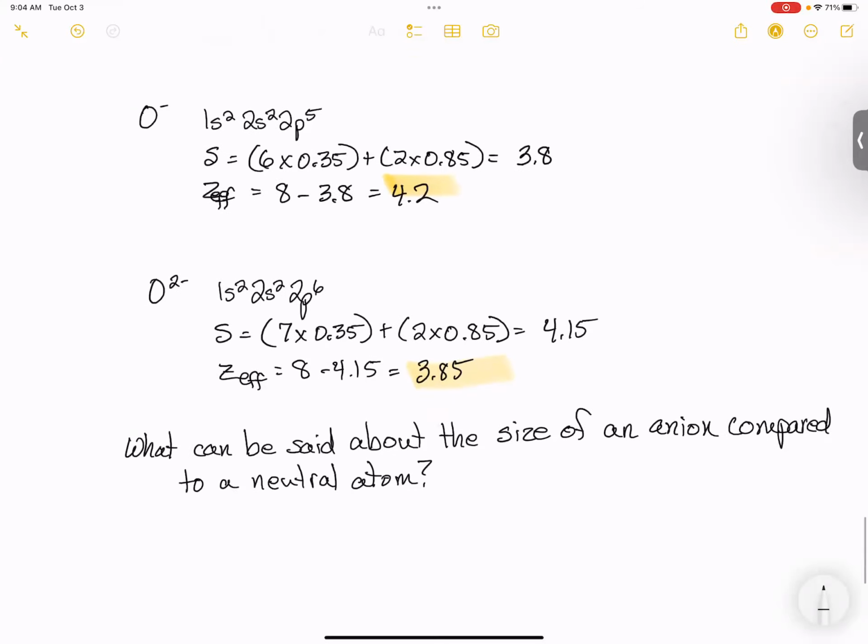Okay, so what we can say is as electrons are added, Z effective decreases. What is Z effective?